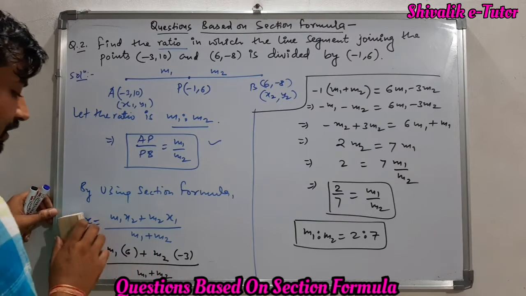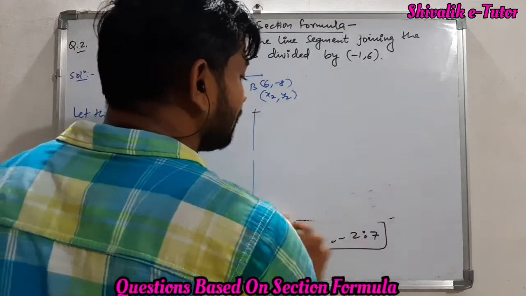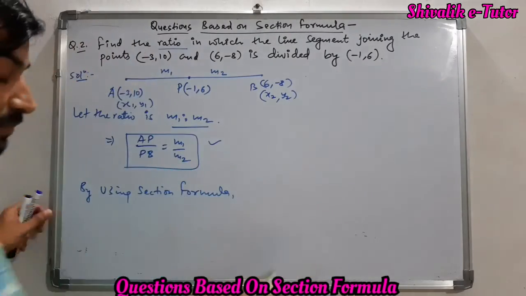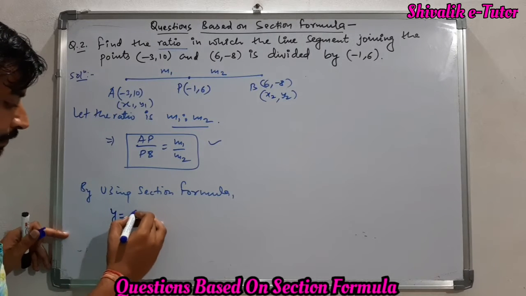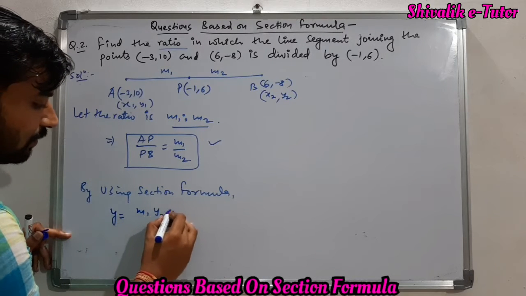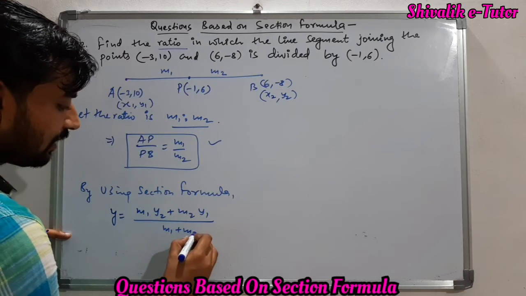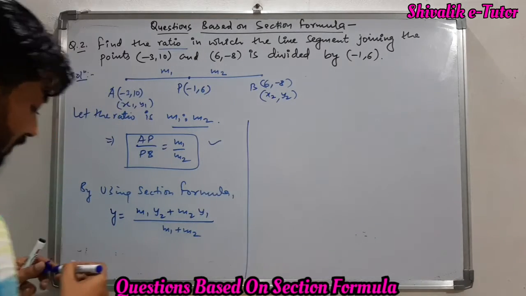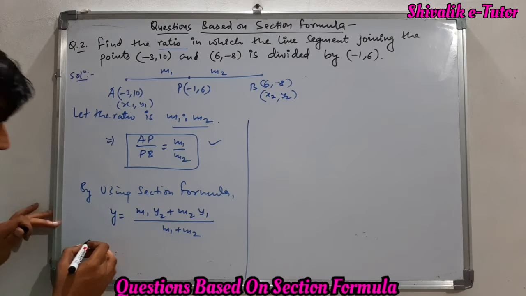अगर हम इसकी जगह पर y coordinate लेंगे तो भी हमारे पास रेशियो सेम आएगा. So let me prove that the ratio will come same. So I am using the section formula for y coordinate here, that is m1 y2 plus m2 y1 upon m1 plus m2. Now let us substitute the values known to us.